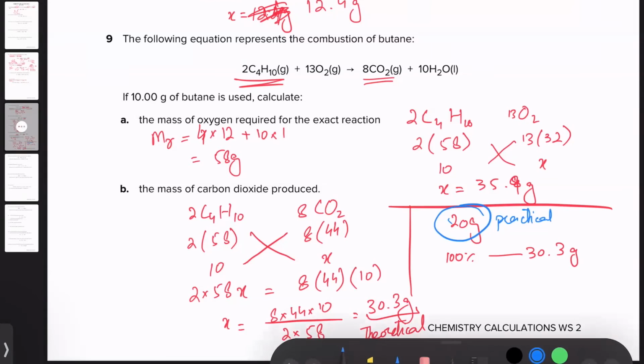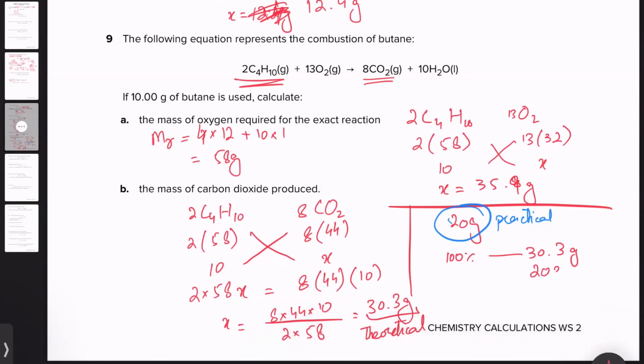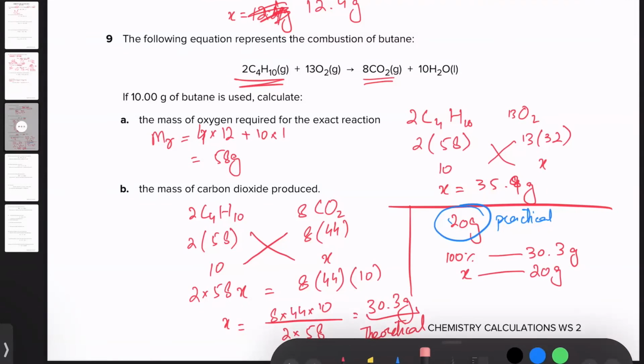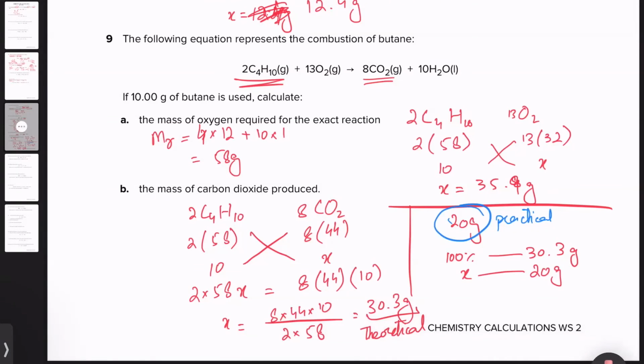So what percentage is that? We'll say 100% is 30.3, 20 grams is X. And we solve that, X will give us the percentage yield.